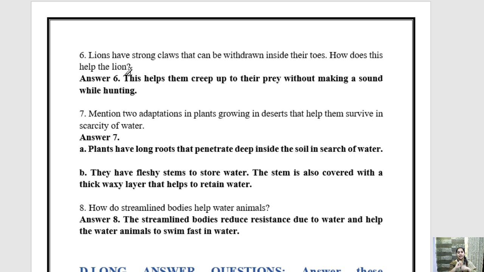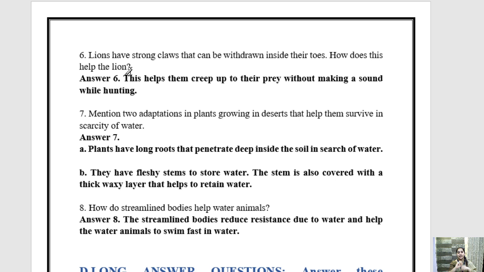Plants have long roots that penetrate deep inside the soil in search of water. Okay, fine. They have fleshy stems to store water. The stem is also covered with a thick waxy layer that helps to retain water.